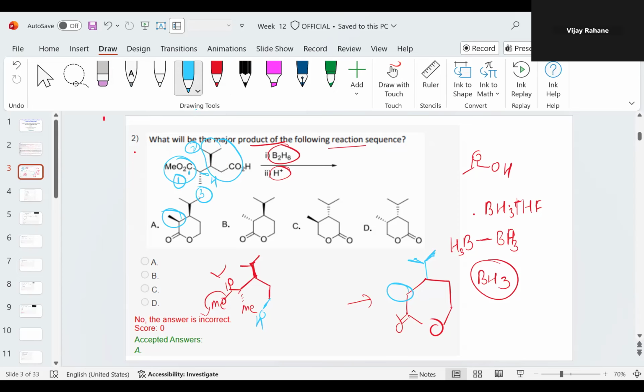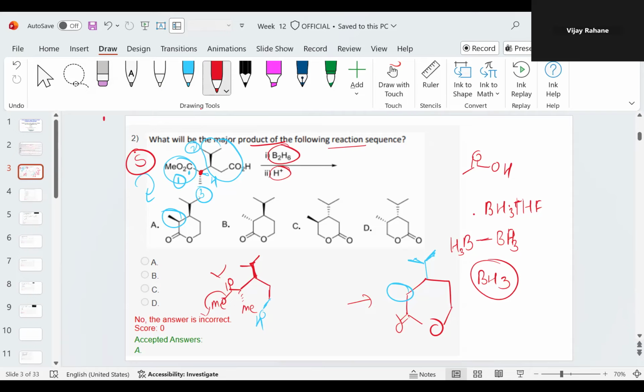So if you give the numbering 1, 2, 3, this looks clockwise, but it should not be R. It should be S then, right? So the stereo center here has the configuration S. In the product also, the reaction is not going to occur on this stereo center. So in the product also, the configuration of this stereo center should be S, not R, right? It should not be changed.